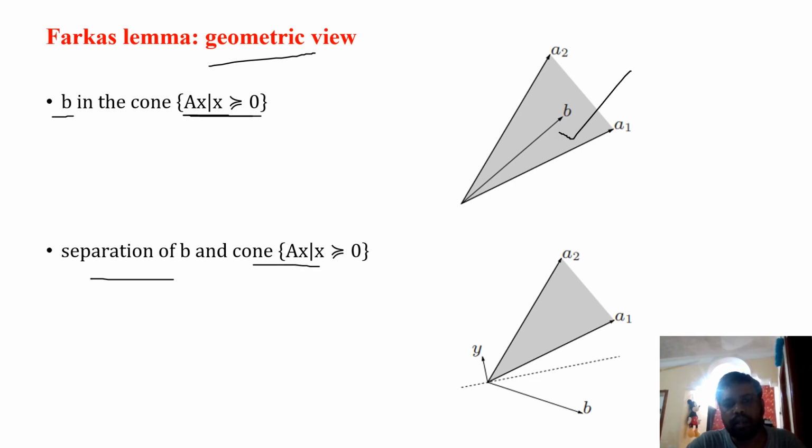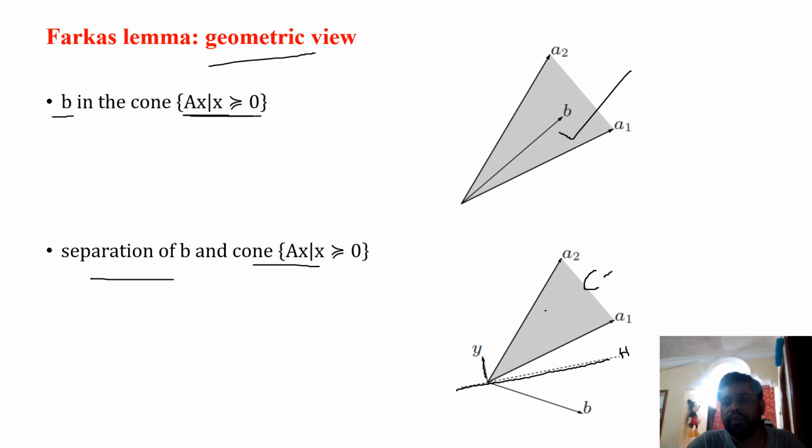Then according to the separating theorem, we can always find a direction y such that with respect to this normal direction, we can find a separating hyperplane which will separate B and the cone constructed by the columns of A. So you can give the name C to this cone.